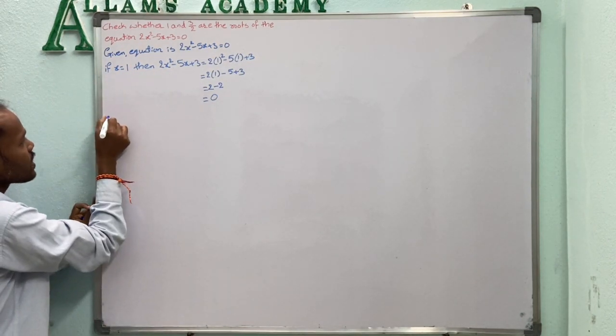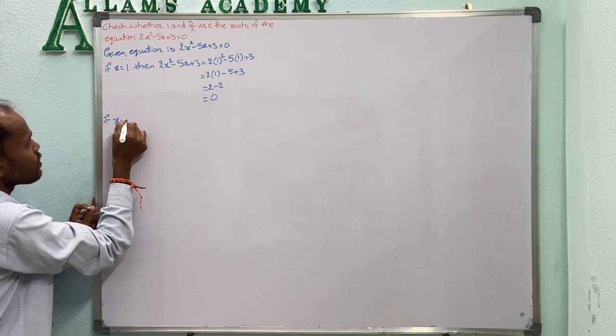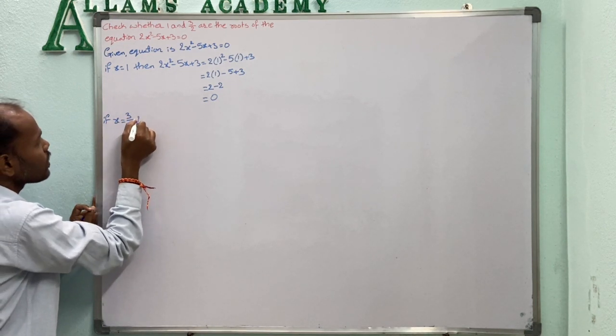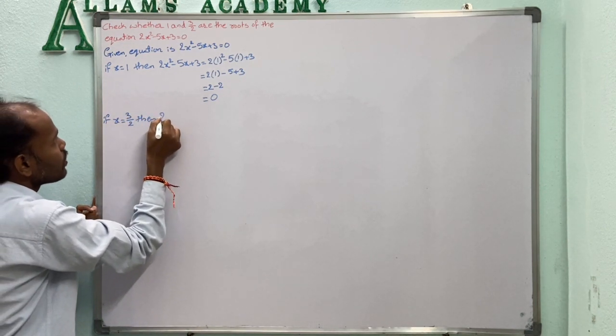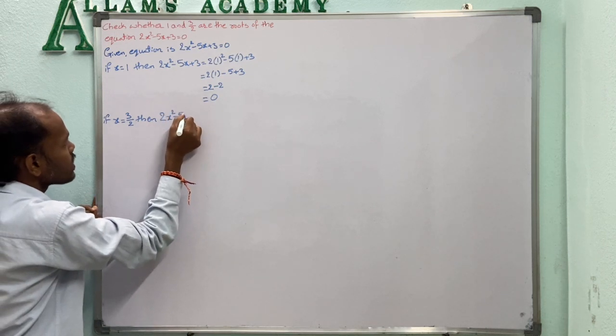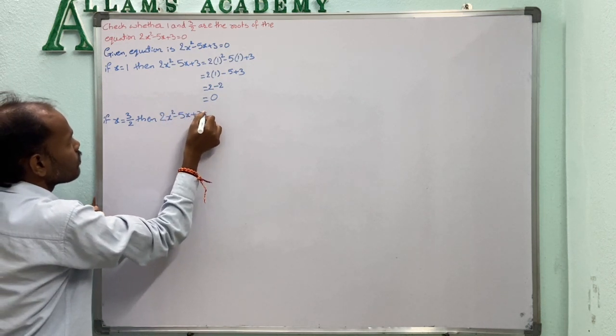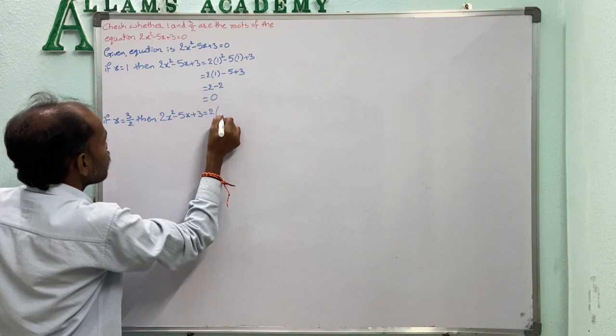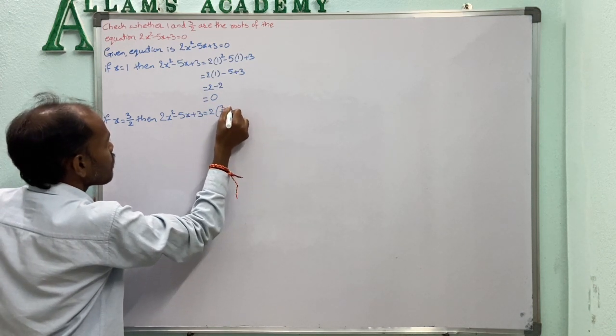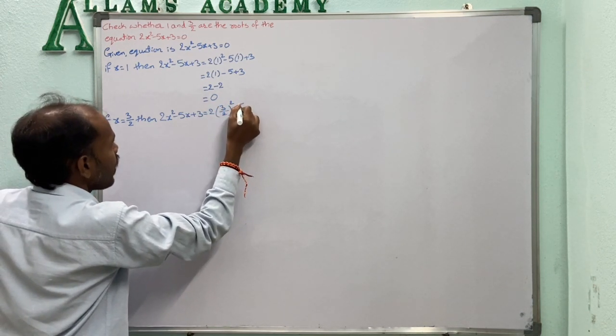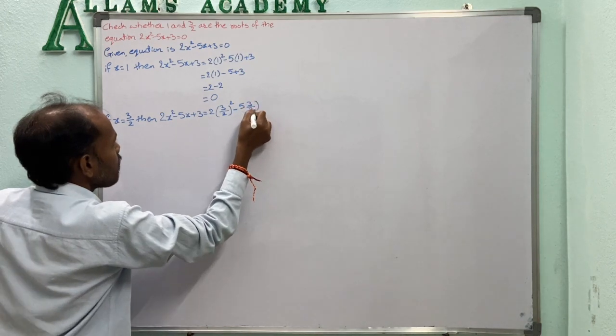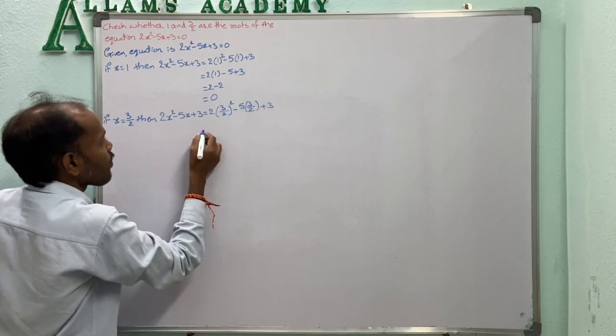Next, if x equal to 3 by 2, substituting, then 2x square minus 5x plus 3 equal to 2 into 3 by 2 whole square minus 5 into 3 by 2 plus 3.